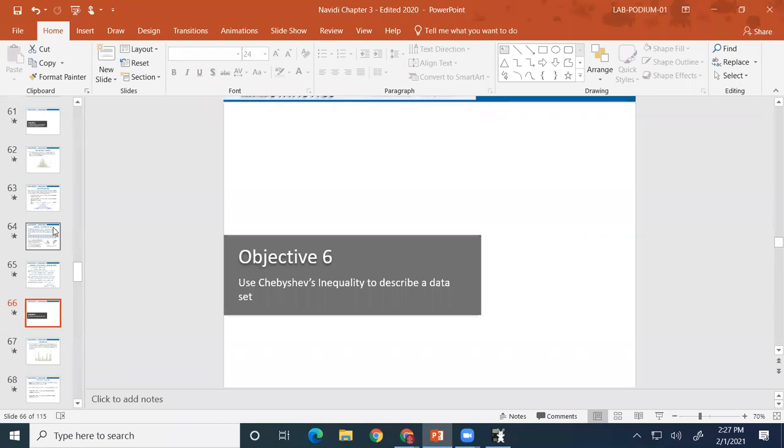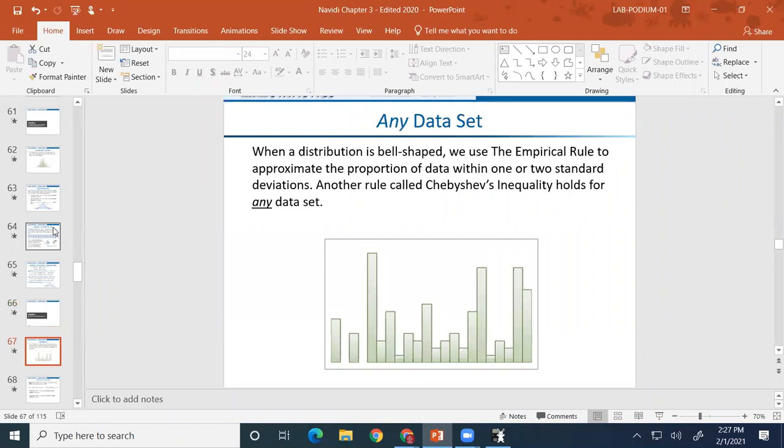So if your data set is not normally distributed, which could mean it could look like anything, it doesn't have to look like this. But it's all over the place, and this is certainly not normally distributed data. So that's why the only thing we can use here is Chebyshev's rule. And Chebyshev's rule is just going to be less exact.